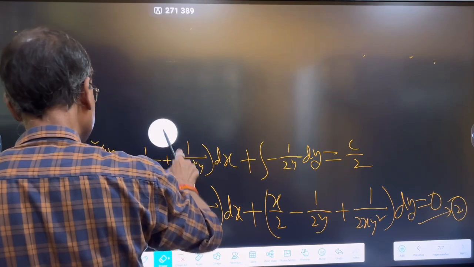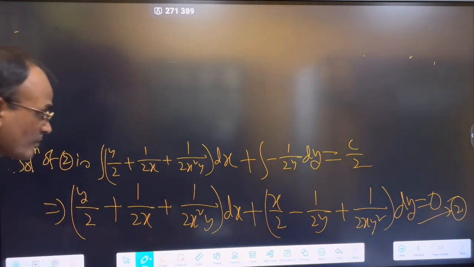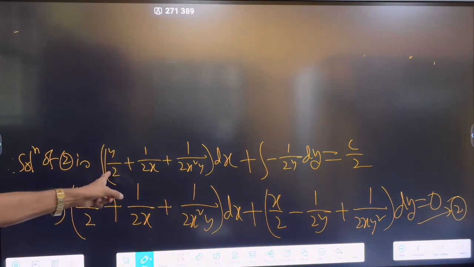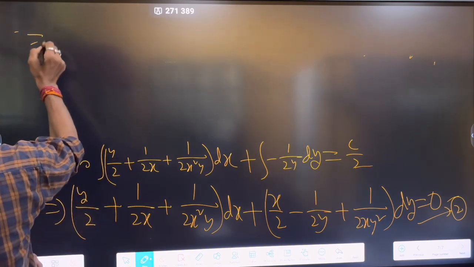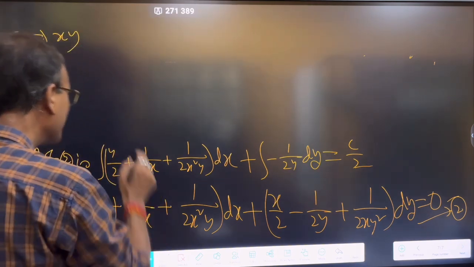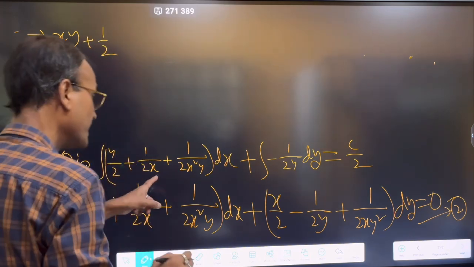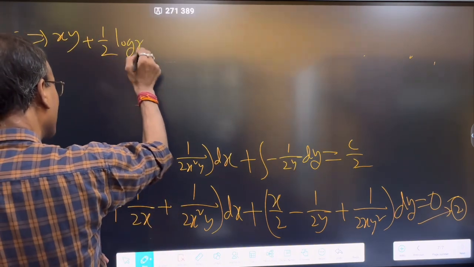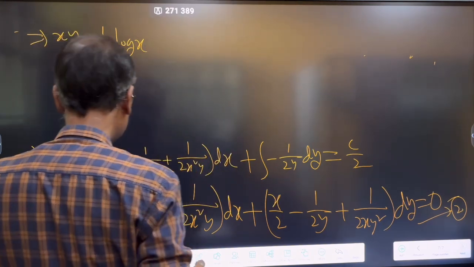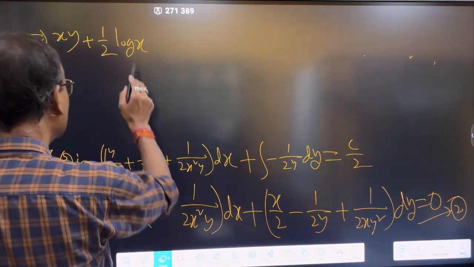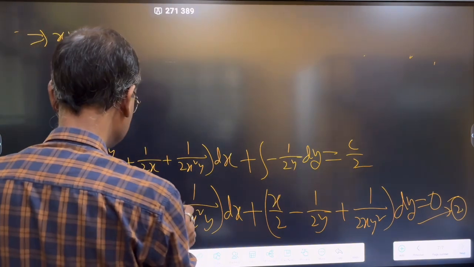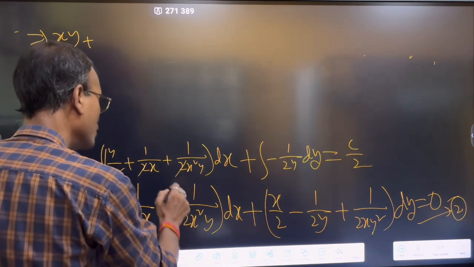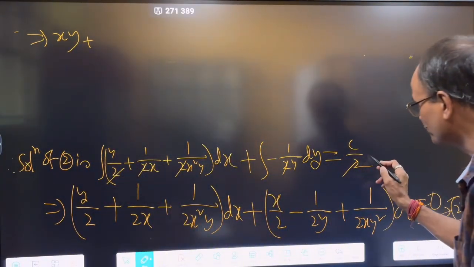Now you see here, y is constant, so the integration will be xy. All the 2s are cancelled.